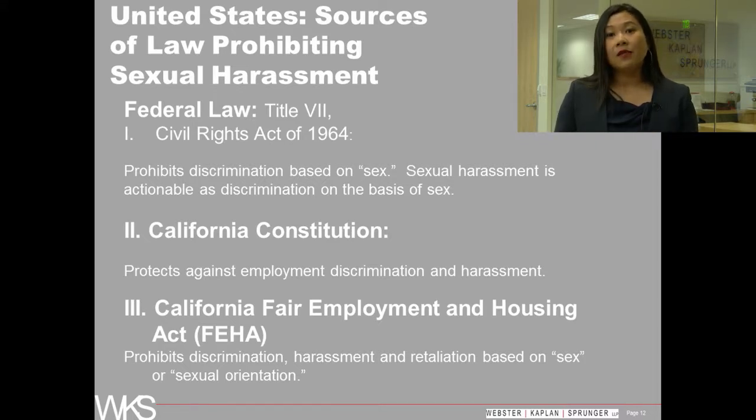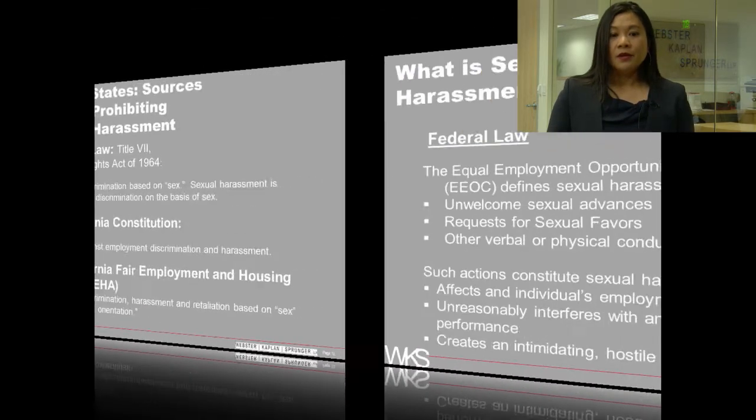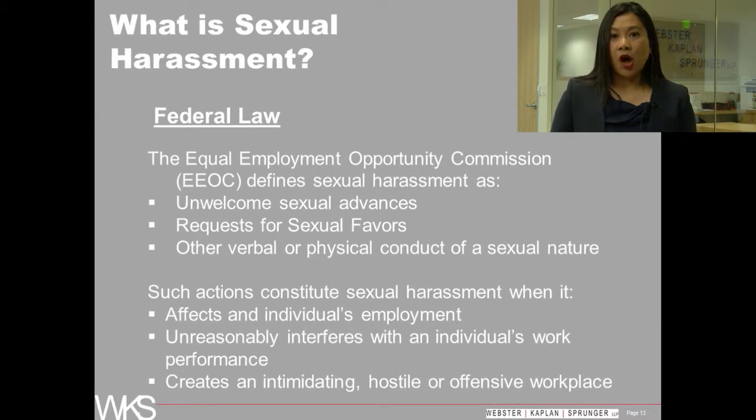And then in California, we have a specific statute called the California Fair Employment and Housing Act, which is also nicknamed FEHA. And here it prohibits discrimination, harassment, retaliation on the basis of sex and sexual orientation. Under federal law, the Equal Employment Opportunity Commission has defined sexual harassment as unwelcome sexual advances, requests for sexual favors, or other verbal or physical conduct of a sexual nature.